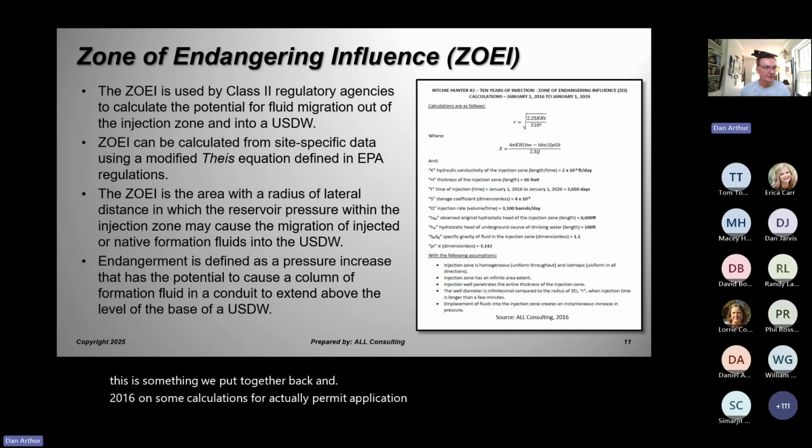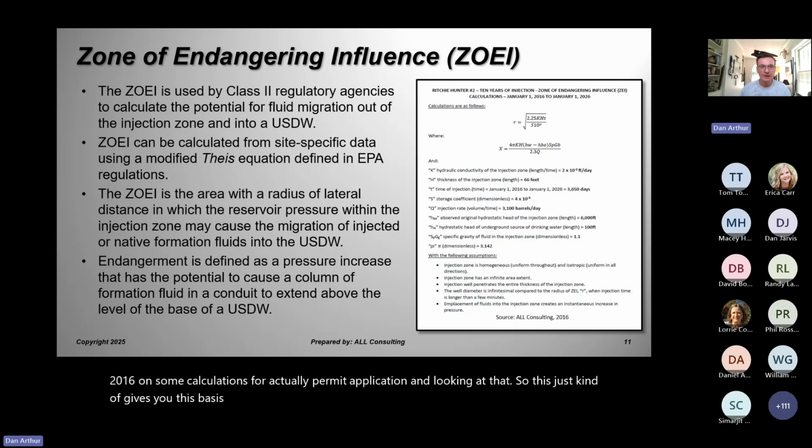This just gives you the basis, but I would say to all my geologist and reservoir friends on the call, you really need to understand the geology, the hydrogeology, the history of the area, and all those things.